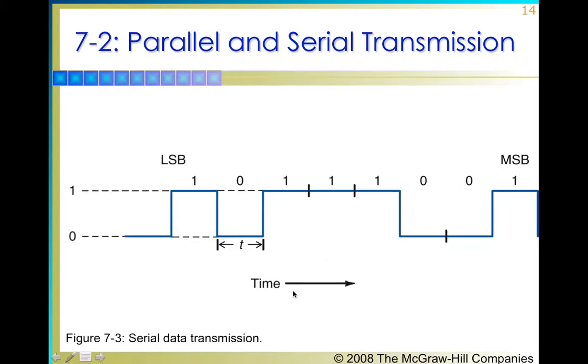Here you can see the diagrammatic demonstration of a serial transmission. You can see that this is 0 level and this is 1 level, and this least significant bit is sent early, and afterwards we have other bits which are coming, and in the last we send the most significant bit, and we have standard and even time intervals for each bit duration.